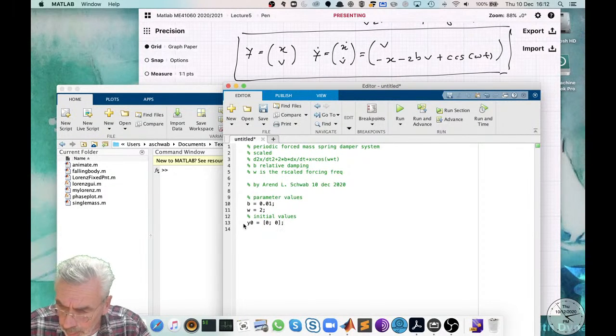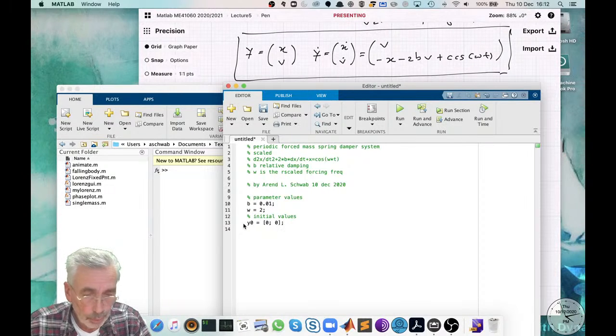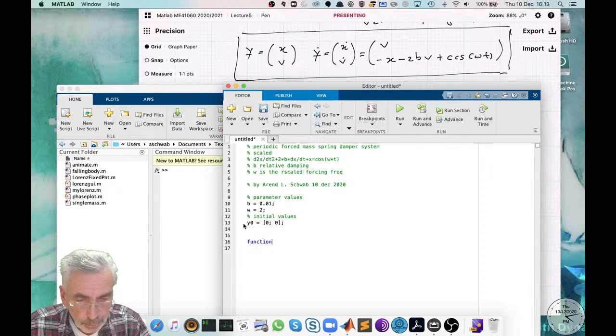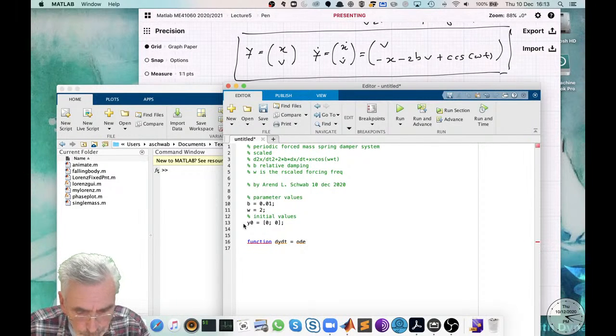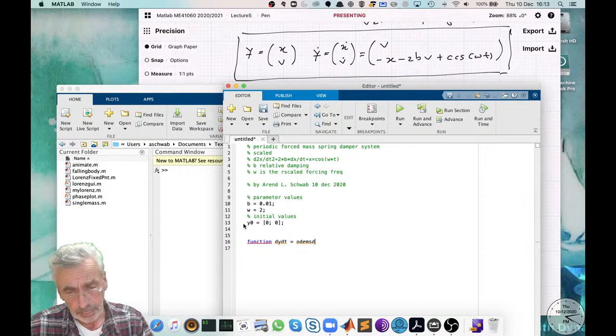Now we have to define our differential equation. So we write a function, and the output is dy dt. And how does the function go? It is the ordinary differential equation of a mass spring damper system, ODE MSD.